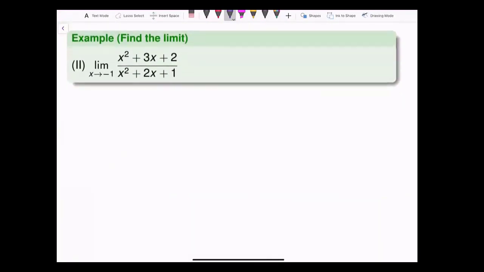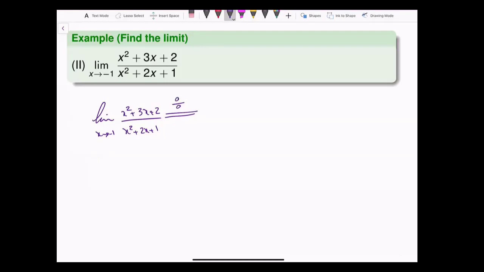Okay, so let me then go to the other example here. I will do it a little bit quicker. x squared plus 2x plus 1 as x goes to negative 1. So I found the limit of the denominator, which is 0. The limit of the numerator is 0.